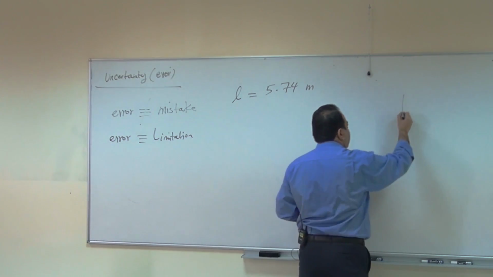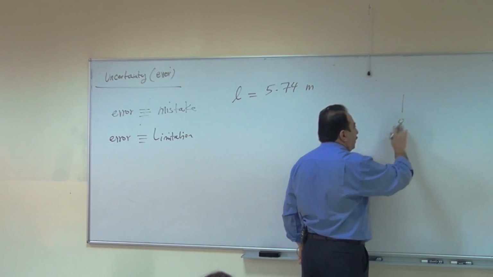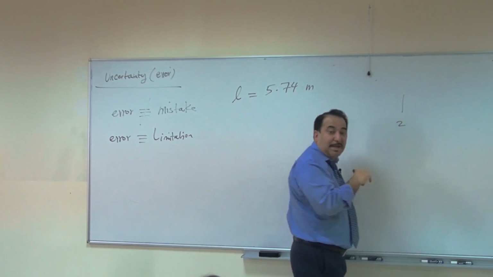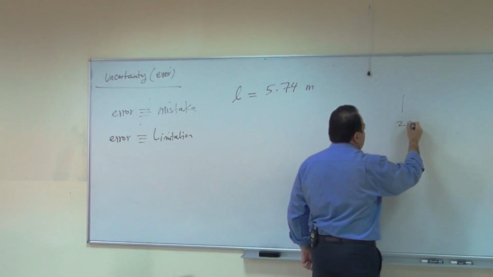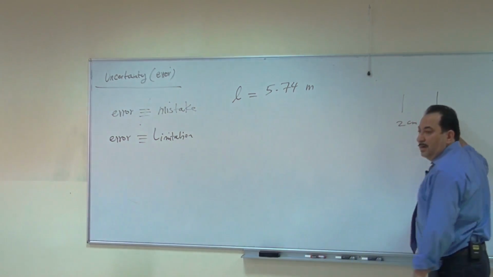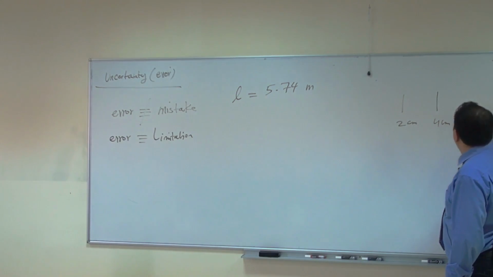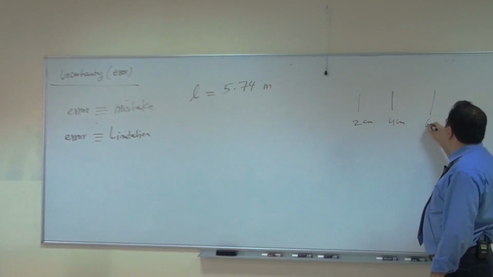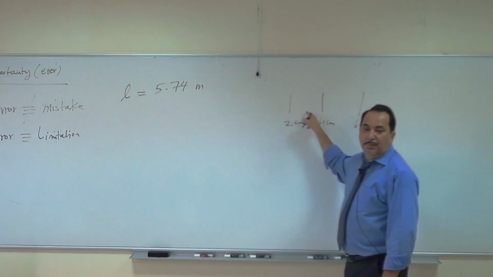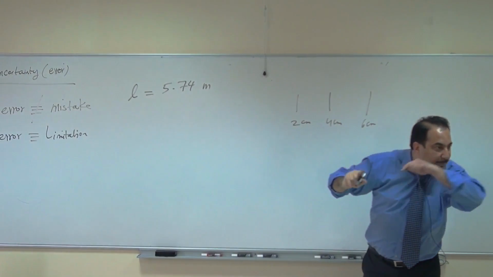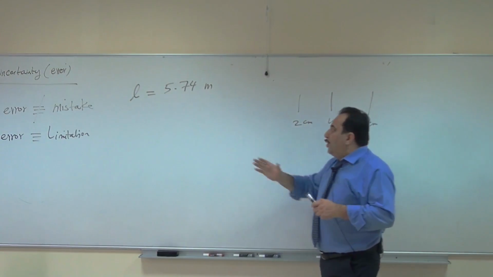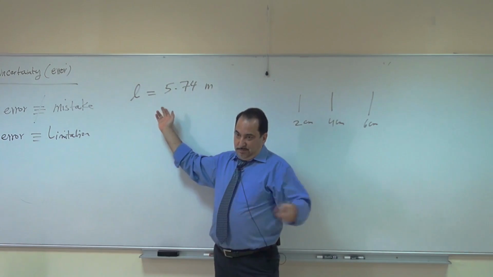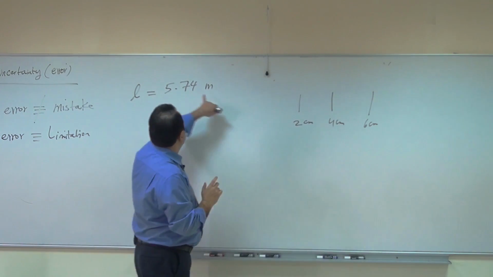So let's say this is 2 centimeters. The next one, 4 centimeters. The next one, 6 centimeters. And you have nothing in between. Empty, no scales. So when you measured the length of the room, you found it is 74.